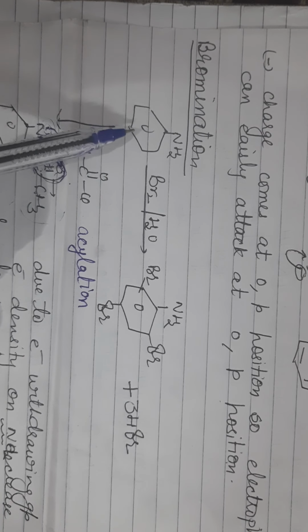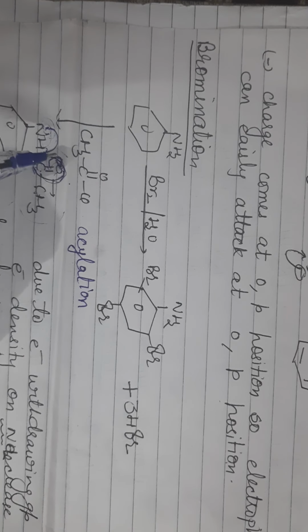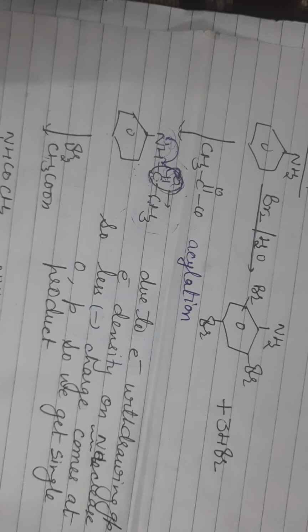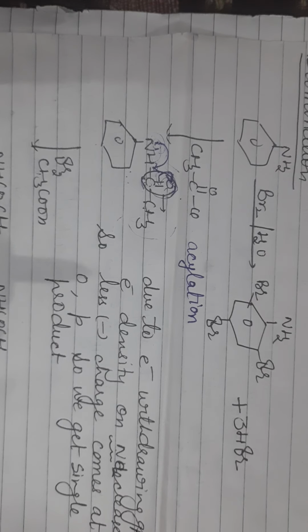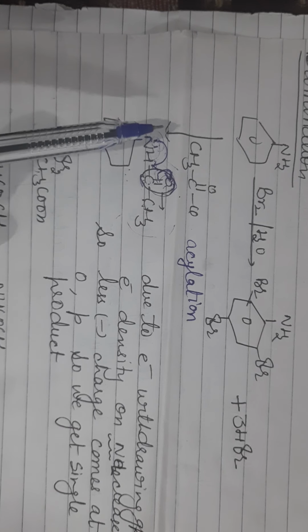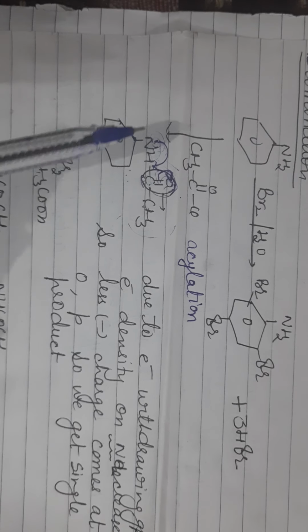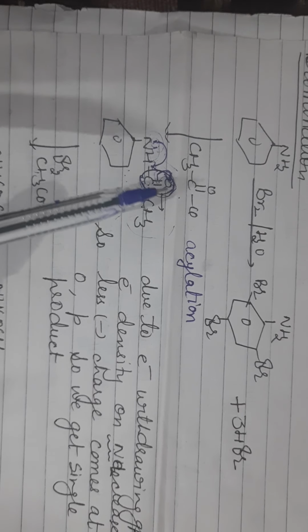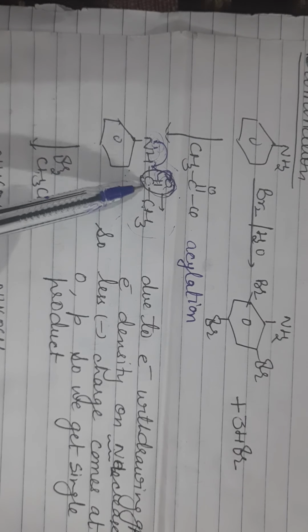But if we want to obtain a single bromoaniline, then we have to decrease the electron density at the ortho and para positions, which is possible by decreasing the electron density on nitrogen. This can be done by applying some electron withdrawing group.